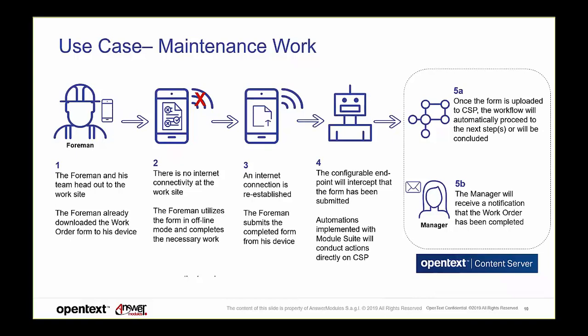In this case, the automation that is being triggered, again, there's two of them, and they're happening in parallel. First, the workflow is automatically proceeding to the next step, or it could also be concluded. These are all business logics that can be implemented. And in parallel, the manager will be receiving an email notification that the work order has been completed.